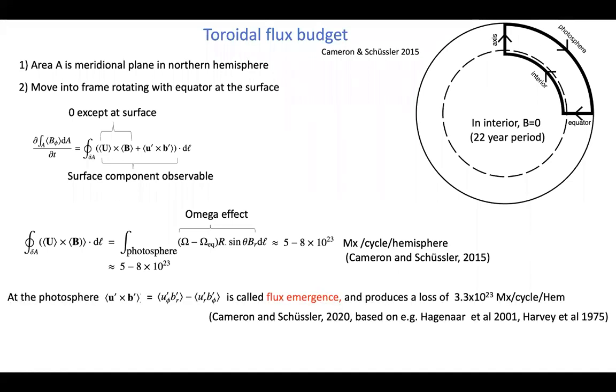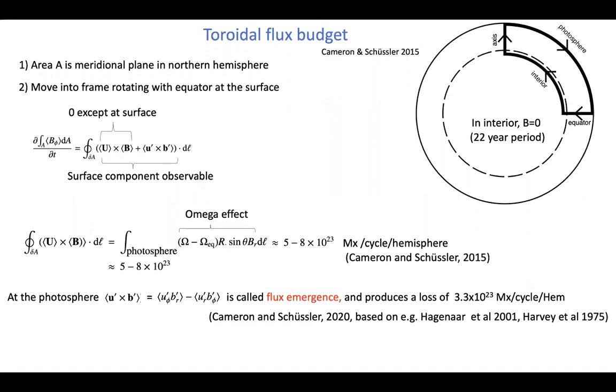You can also determine the contribution from the small scale components at the surface. It's called by the observers flux emergence. It's 2 bits. One of them is vertical flows carrying horizontal magnetic field across the surface, and this is flux emergence.